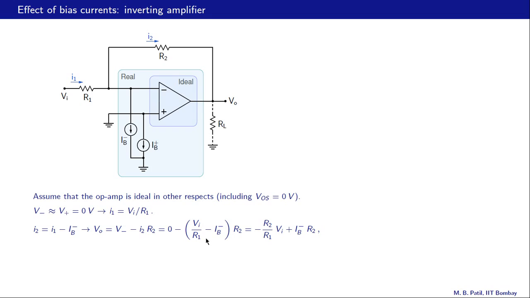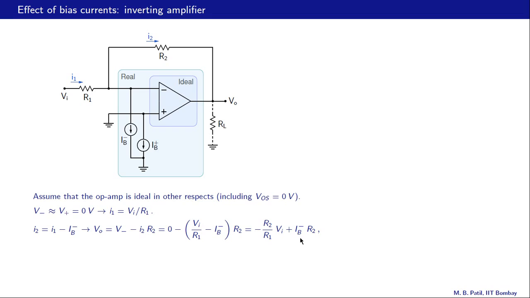So we put it all together and then we get minus R2 by R1 times Vi plus IB minus times R2. The first term, minus R2 by R1 times Vi, is simply the output voltage we expect from the inverting amplifier. And the second term arises because of the bias currents.